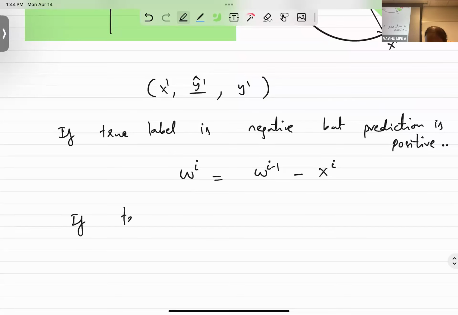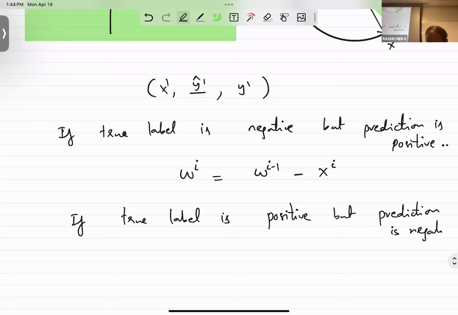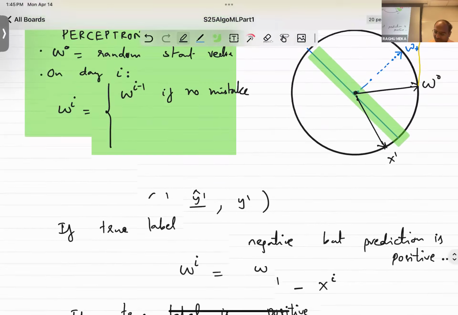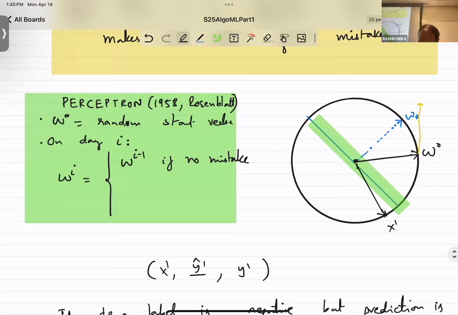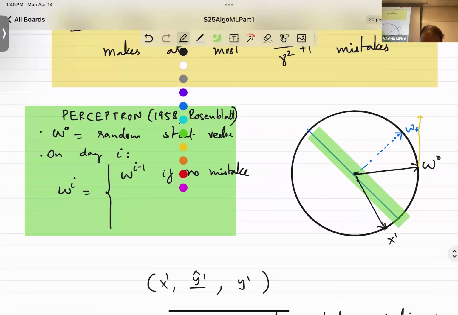If the true label is positive, but the prediction is negative, meaning you made a mistake, then something like this. Okay. So the second case corresponds to the situation where, let me have a different vector.